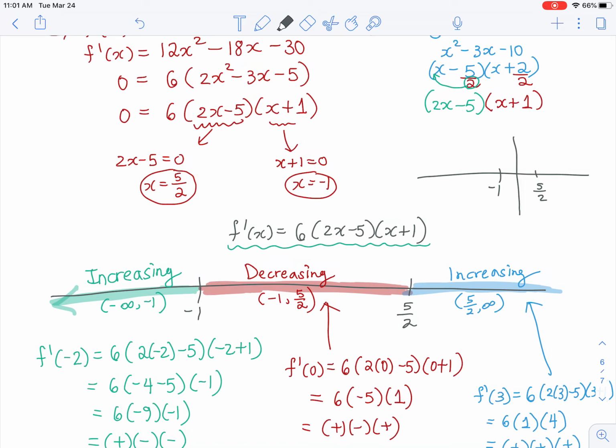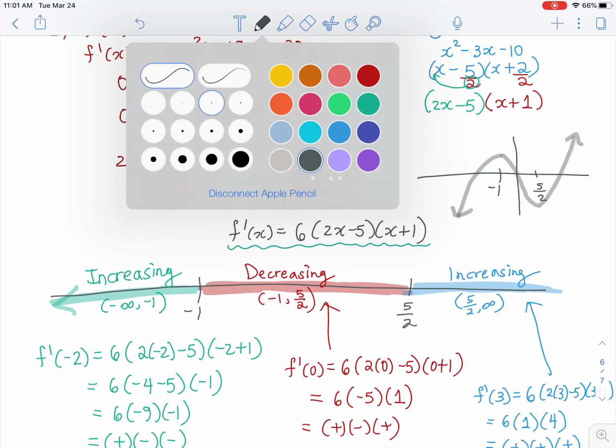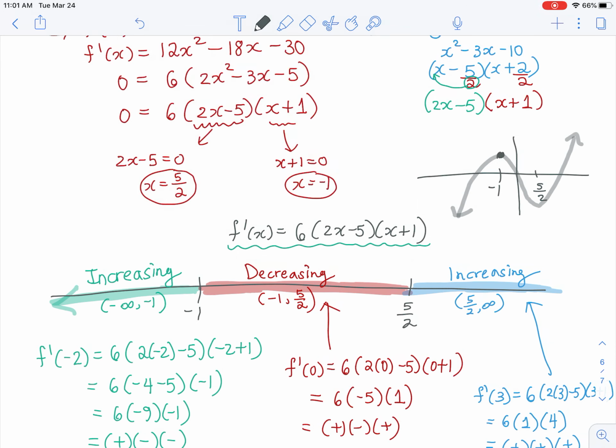Of course, you can graph this using your graphing calculator, but it's increasing all the way to negative 1, and then at that point it's going to decrease. It's going to go down, and at that point it's going to go back up. Of course, it's not accurate because I didn't plot the x-intercepts or y-intercepts or anything. But the reason I did this is because I want to call that this point your relative maximum, and this point right there is going to be a relative minimum.